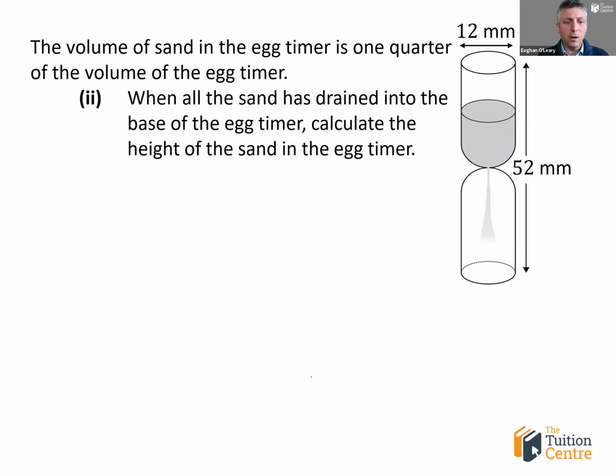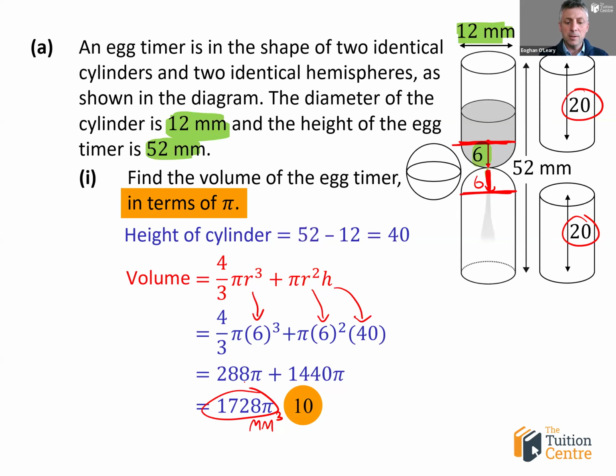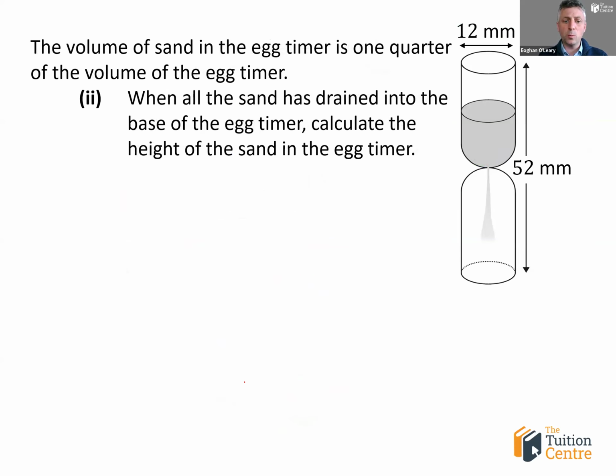Okay, on to part B. The volume of the sand in the egg timer is 1/4 of the volume of the entire egg timer, which we've just calculated. So it says when all the sand has drained into the base of the egg timer, which is this part over here, calculate the height of the sand in the egg timer.